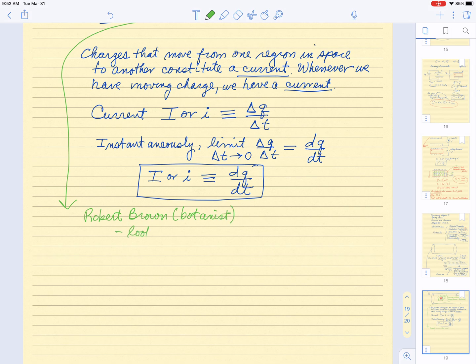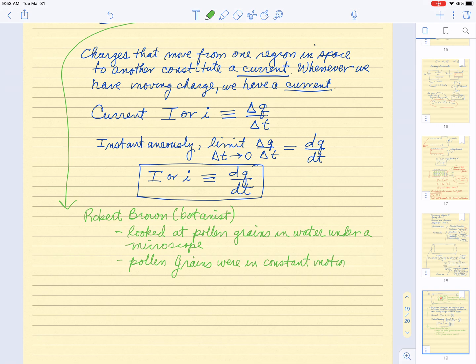He looked at pollen grains in water under a microscope. And what he noticed was that the pollen grains were in constant motion.